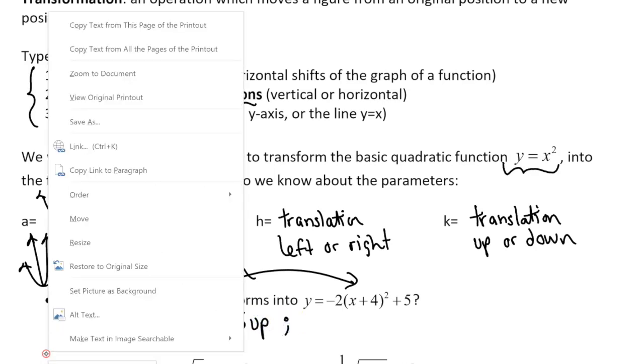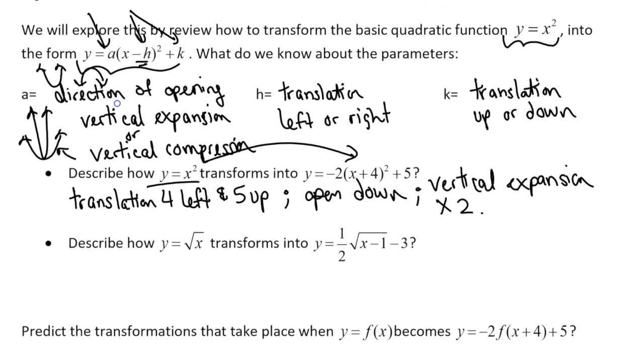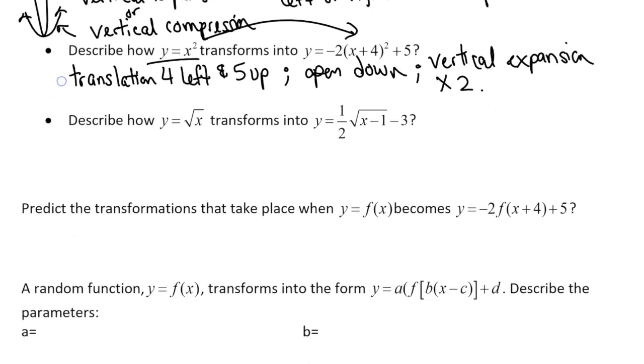We're going to open down and we're going to have what we would call a vertical expansion by a factor of 2. So what that meant is whatever your original y values were, you would double each of those y values to find out your transformed function from that.